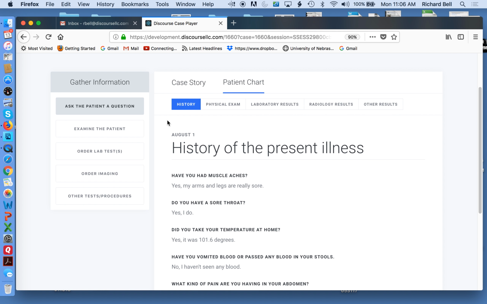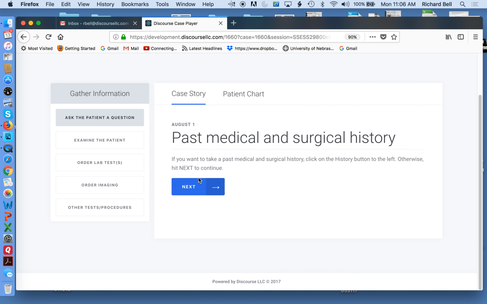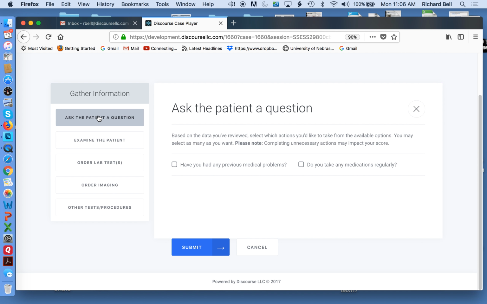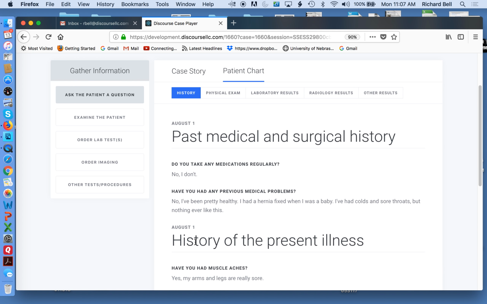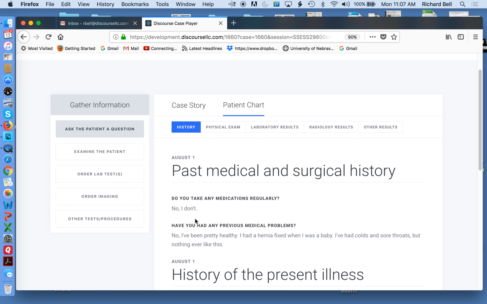And then after they get that history, they need to go back to the case story in advance, and it asks them if they want to take a past medical and surgical history, and if they do, they click these, and that's pretty much negative.